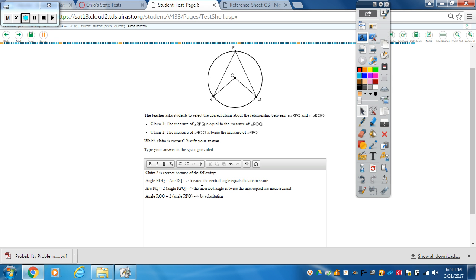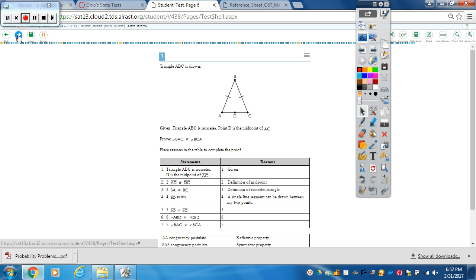So just something to that effect that lets the reader know that you know there's a relationship between those angles and that arc, and here's what it is. A lot of times I think more words are better when we're trying to justify things. So, all right, let's look at the next problem.